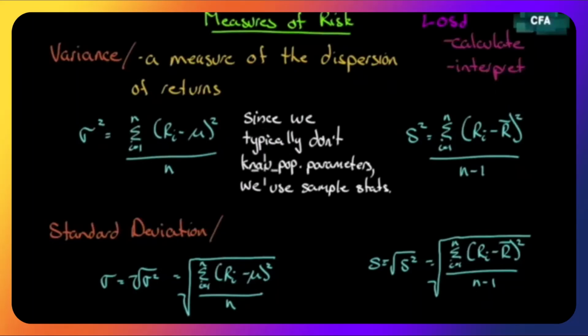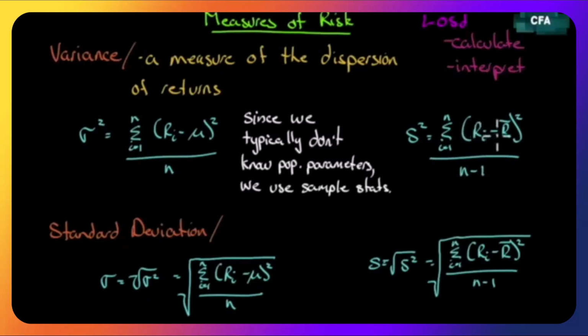But since we typically don't know the population parameters, we use sample statistics. So we will use a sample and find the mean from that sample. When we do, we lose a degree of freedom. That's why our denominator drops to n minus 1, because now we're constrained. We can only choose n minus 1 observations freely. Since we've set a mean for the sample, the last one must be constrained to equal that mean.